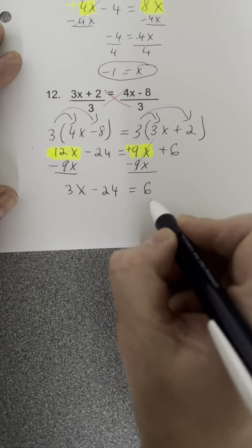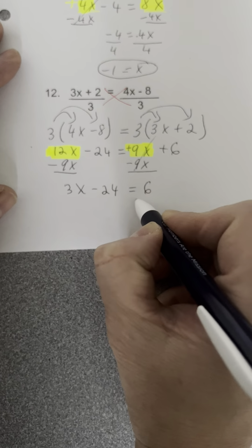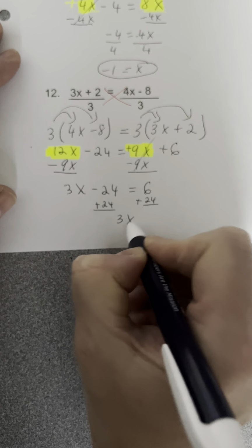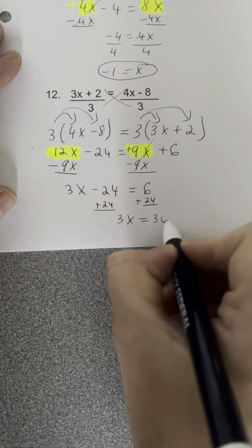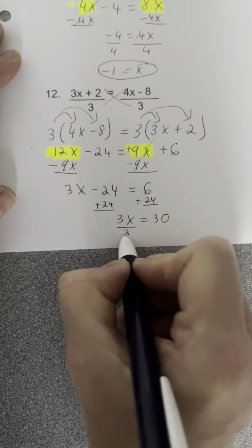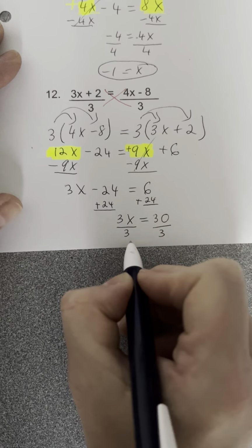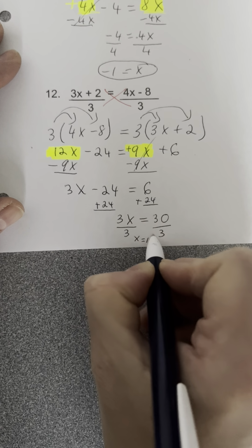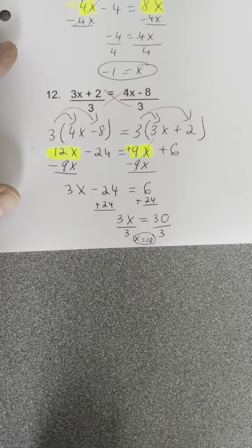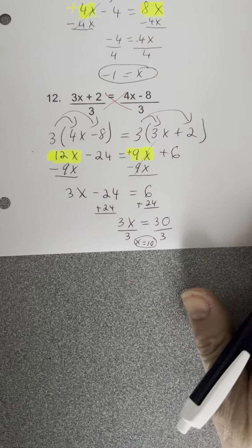So it's an extra step and it's not needed. So plus 24. Okay. And then last step, divide. Ooh, I'm running out of room. I'm going to squeeze in there. X equals 10. All right, one more problem, and then we're going to check some of these in decimals.